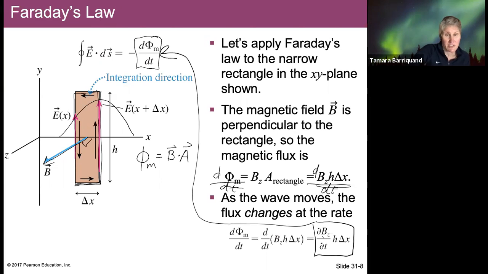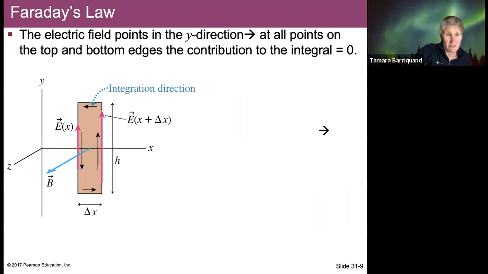Now let's see what we can do for that integral. Looking at our box, we see that the electric field points in the y direction. So at all points on the top and bottom edges of the integral, these points will all contribute 0 to the integral. So nothing on the edges of our rectangle will count into our integration.